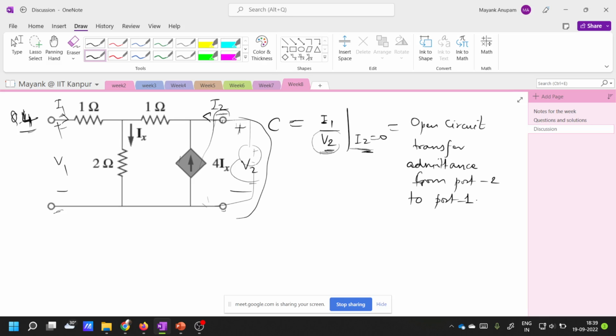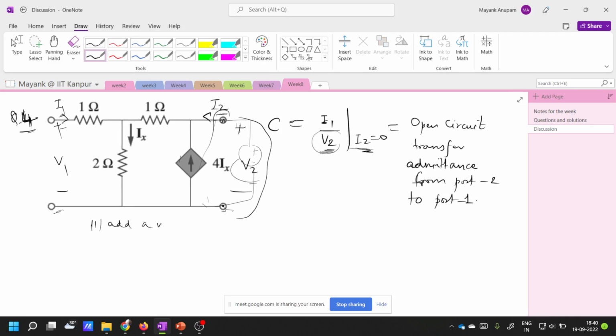That means there has to be nothing connected between these two nodes, basically at the second port you cannot connect anything, right? So what should you do here? You do a slightly different thing. You add a voltage source here at the first node. Okay, so let me explain what I am saying.